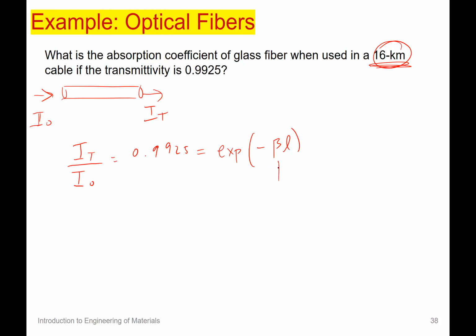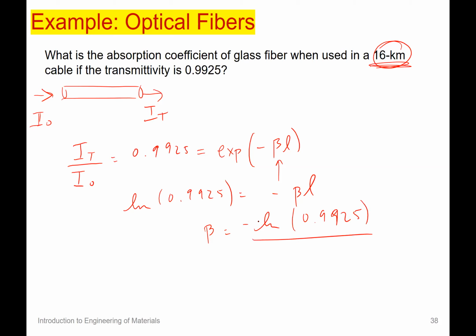So what we're solving for is the absorption coefficient, right? And so if we take the natural log of both sides, we take the exponent out. And so then beta, the absorption coefficient, is just ln of 0.9925 divided by the length, which is, let's say, 16.